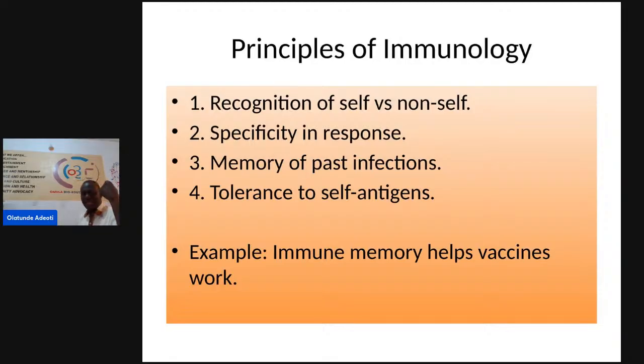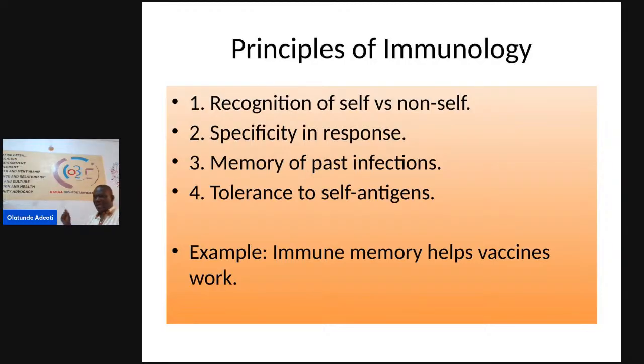Then the ability to have good memory of the past is very, very important. And that is one of the characteristics of the adaptive immune system. For example, when you talk about the adaptive immune system, there are some antibodies or immunological responses that are going to be used to fight against the enemy.